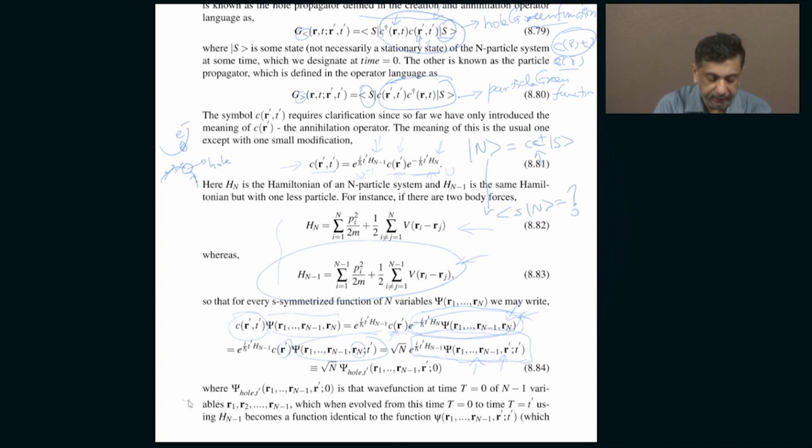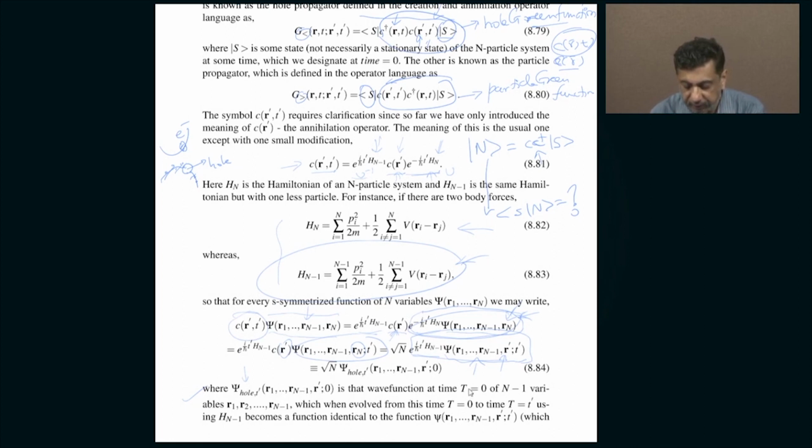Okay, so let us read this off here. It basically says the interpretation. If you decide to annihilate a particle at position r dash at time t dash on a state which had initially n particles, you end up with a hole wave function. And what is the meaning of that hole wave function?